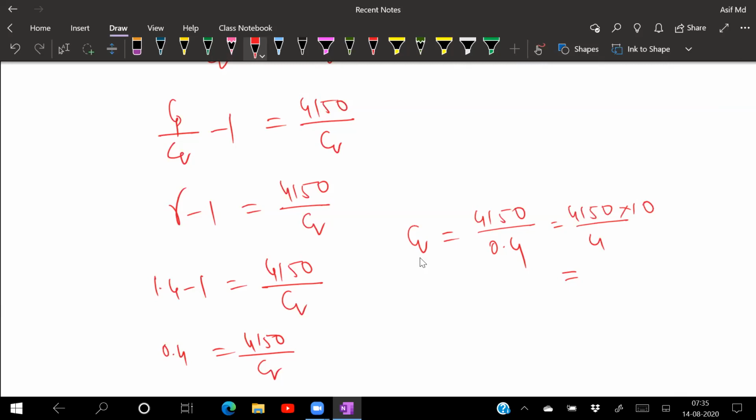Approximately, Cv is 10375 joules per kg per Kelvin. See the calculation, beta, I've done it roughly. See whether you are getting that much or not.